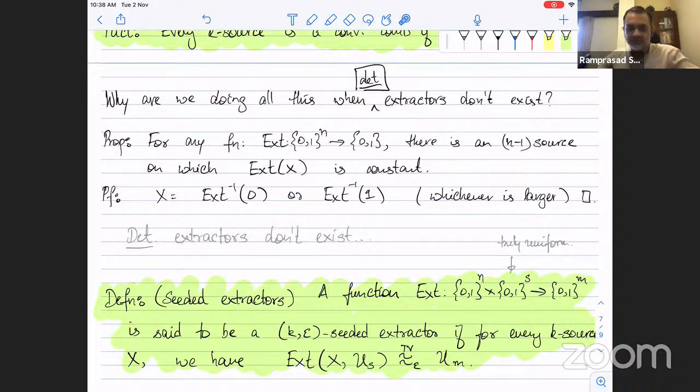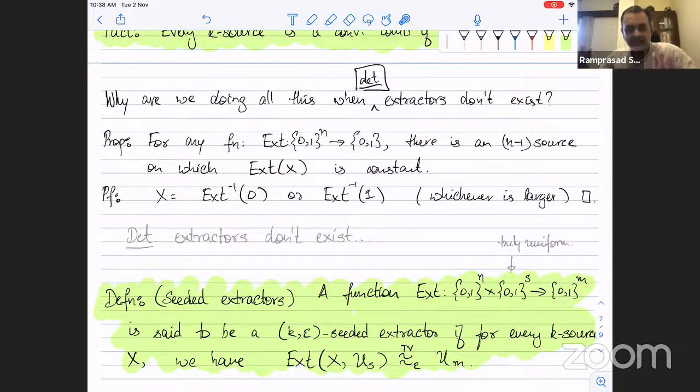Okay, so I hope the definition is clear. It's the same thing as earlier, except that we are adding a little bit of extra randomness, and then saying that once you have this extra randomness, I should be able to output something that looks as close to uniform as possible.